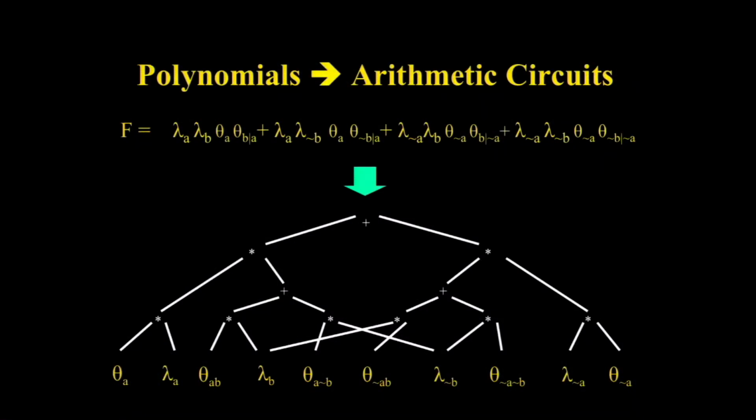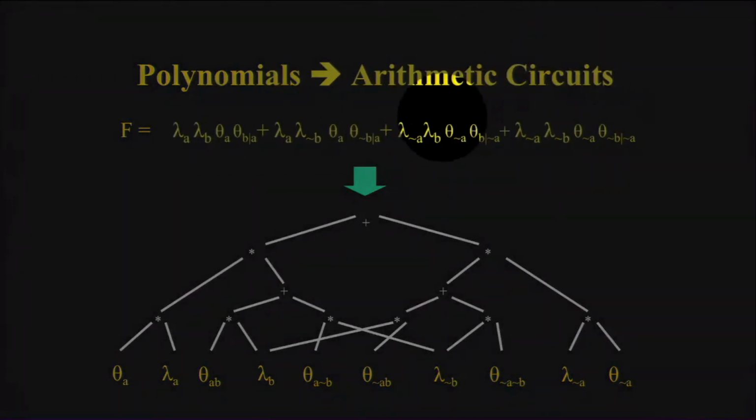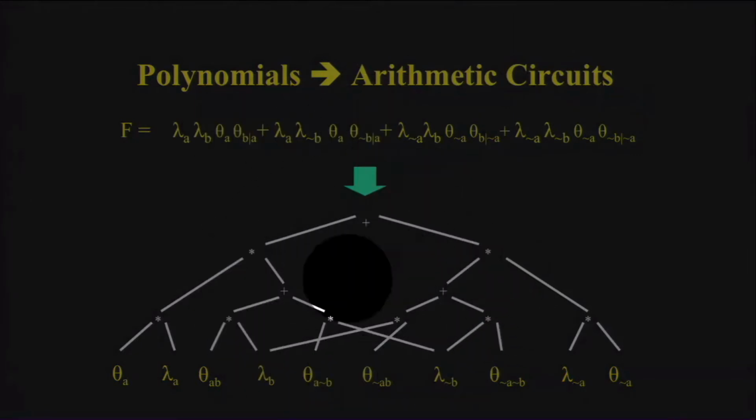You have one monomial for each instantiation of the variables in the Bayesian network. We talked about how evaluating this polynomial at a particular piece of evidence gives you the probability of that evidence. We talked about the partial derivatives of this polynomial and showed how they give you various probabilistic quantities. And then the idea was that I want to capture this polynomial in a factored form, in a more compact form, using an arithmetic circuit, right?